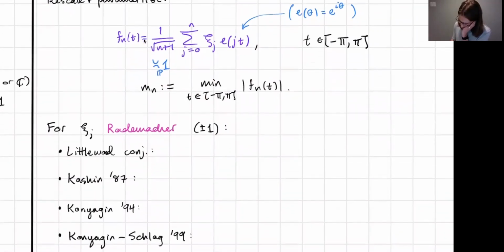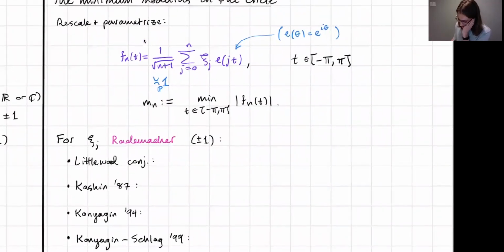We're not the first ones to wonder about this. Littlewood asked about this, I think, in the 40s. He made a very modest conjecture, not the bravest conjecture, that this min modulus should be going to 0 with high probability.